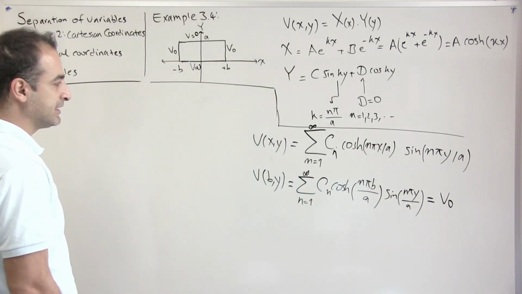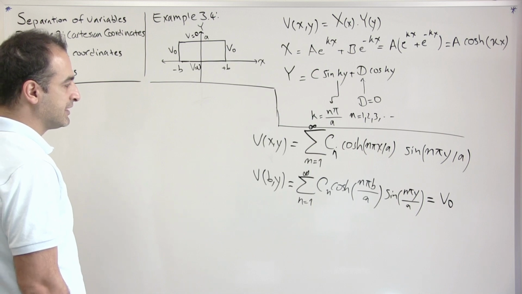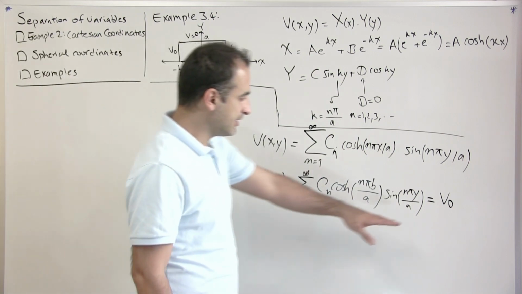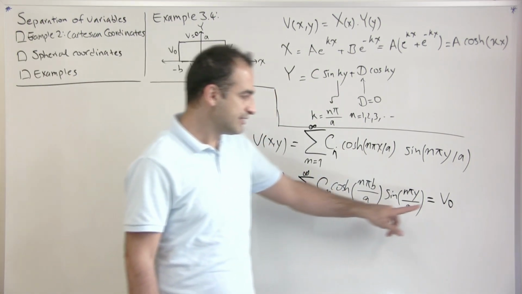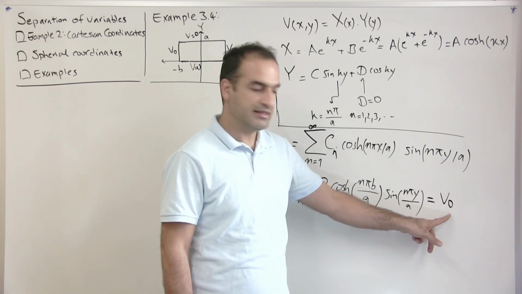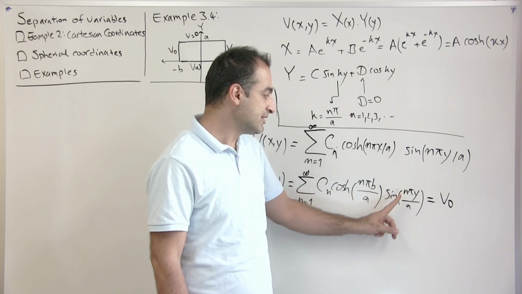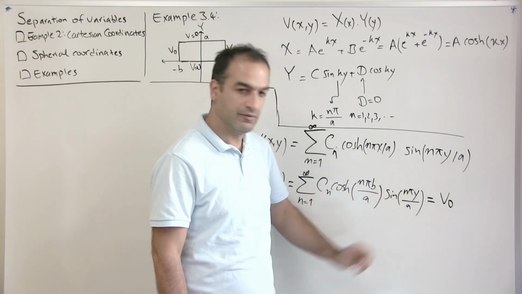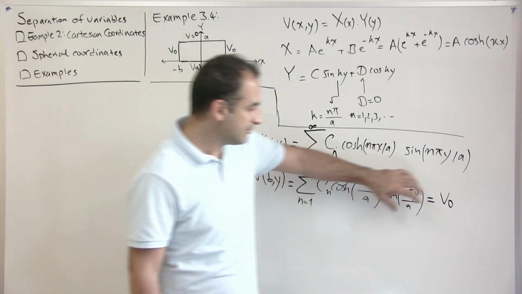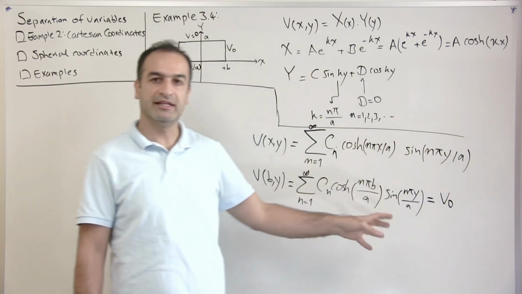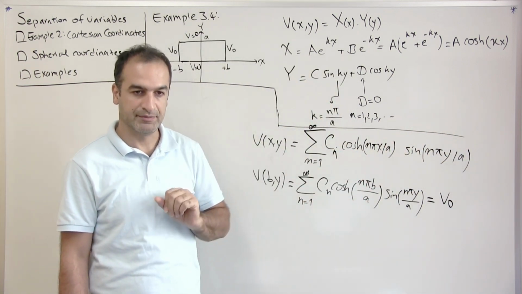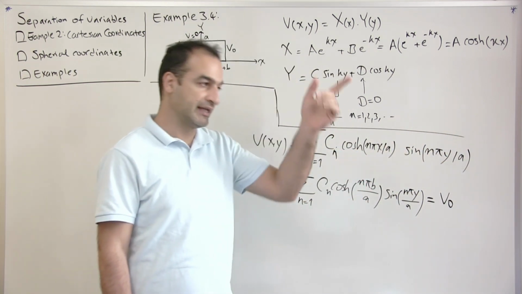So the same trick as we did before, we can multiply the left-hand side and the right-hand side of the equation, which is only a constant, by sine n prime pi y over a. We multiply it by that, and we integrate it from 0 to a.